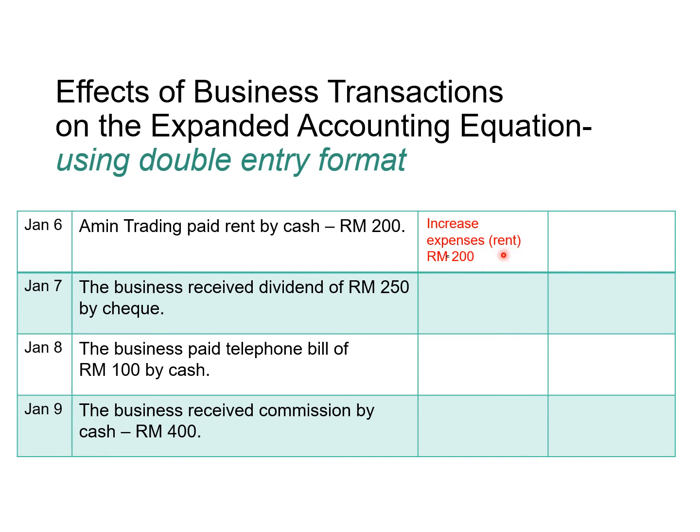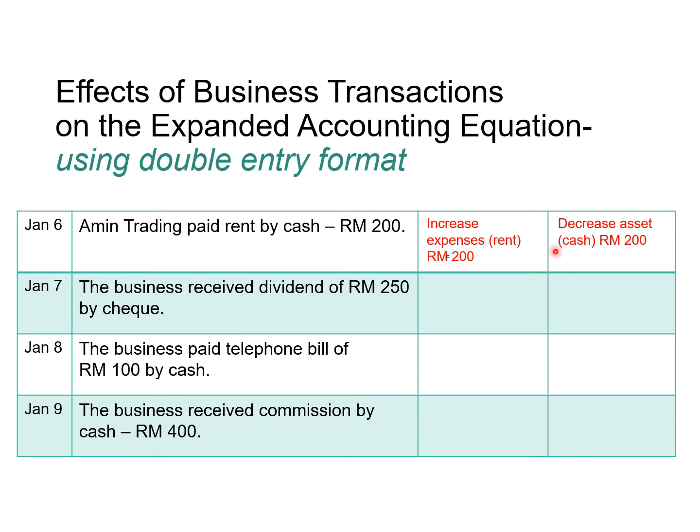So, I letak rent kat sini. Dan since dia increase expenses, dia mesti ada lagi satu effect. Dia bayar rent tu guna cash. Pada masa yang sama, since dia bayar guna cash, dia akan decrease asset which is referring to cash sebanyak 200.